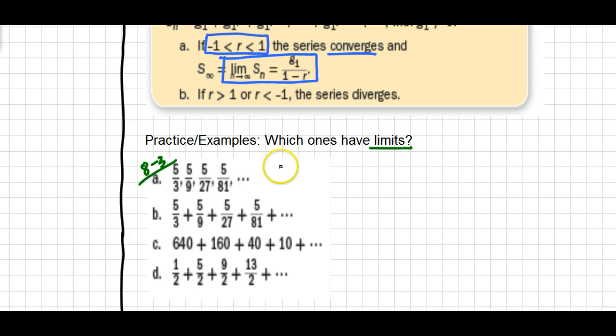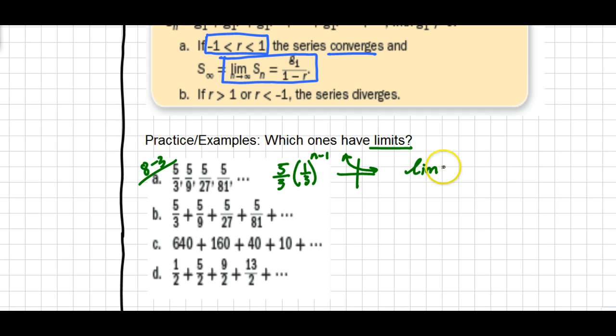So if you look at this sequence, the first term is 5/3. And then if you do some quick division here, you can clearly see that if you do 5/9 divided by 5/3, the r value is 1/3. And so if we graph that on a graphing calculator using x as our exponent and x as our variable, you'll get an exponential decay curve with an asymptote on the x-axis.